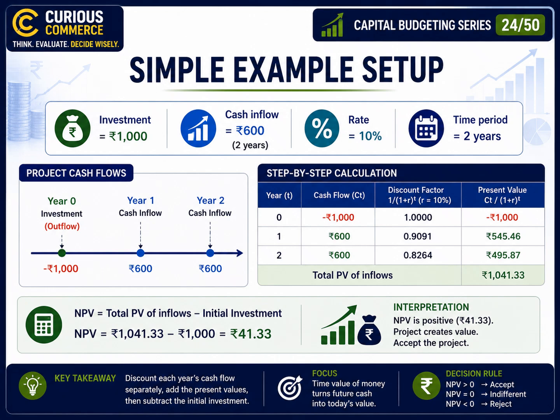The important point is we cannot directly add 600 plus 600. The reason is the first year's money and second year's money have different present values. So both years must be discounted separately. This is where students begin understanding the practical NPV calculations.